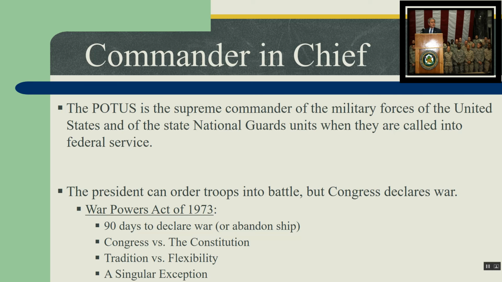And the War Powers Act of 1973 basically told the president that if he were to dispatch troops, he would have 90 days to get Congress to declare war or abandon ship. In other words, he was allowed to act as commander-in-chief by dispatching troops to a foreign country for up to 3 months, for 90 days. But after that period, unless Congress consented to declare war, he would have to bring those troops back.